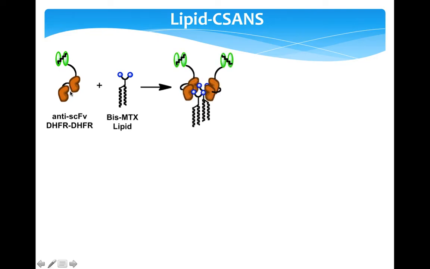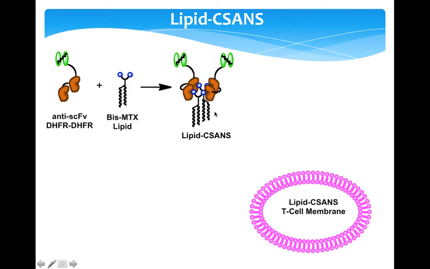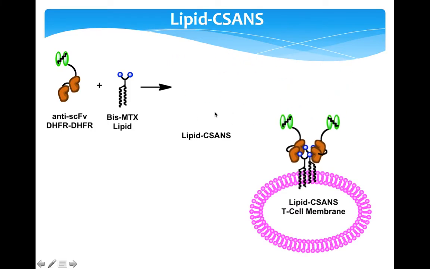When we put those together, they form rings that have phospholipids on them, and those phospholipids enable that nanoring to then insert into the lipid membrane of the T cell, which means that the T cell is now functionalized. We've artificially functionalized it so that it will target something we want.